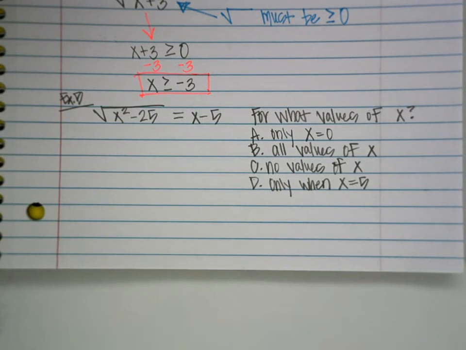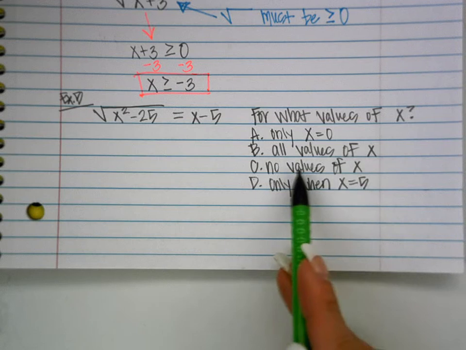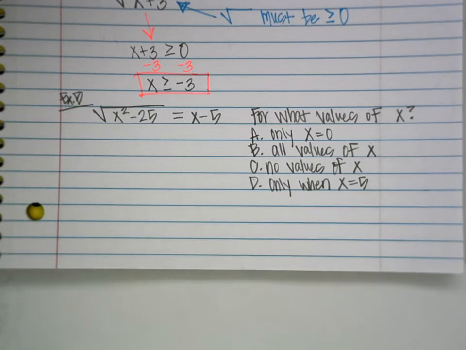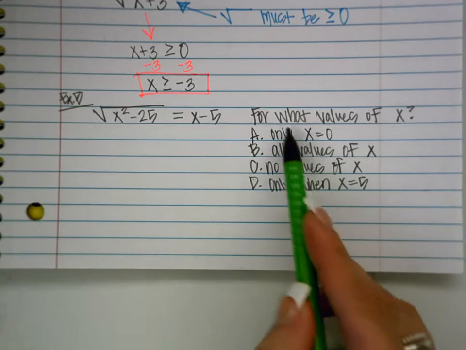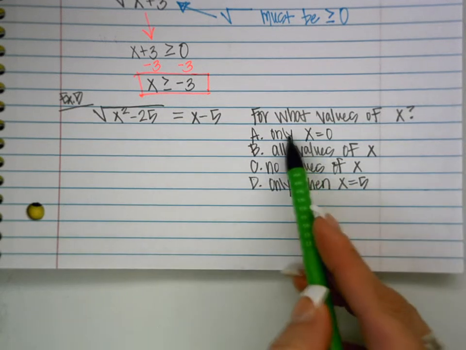I'm going to give you kind of a strategy to solve these types, okay? First thing you want to look at with these types of questions is look at the exceptions, and I want you to plug them in. So we don't know if all values work. I don't know if no values work. But the way you can eliminate those answers is start by plugging in the things that they say. So does it work when x is equal to 0?